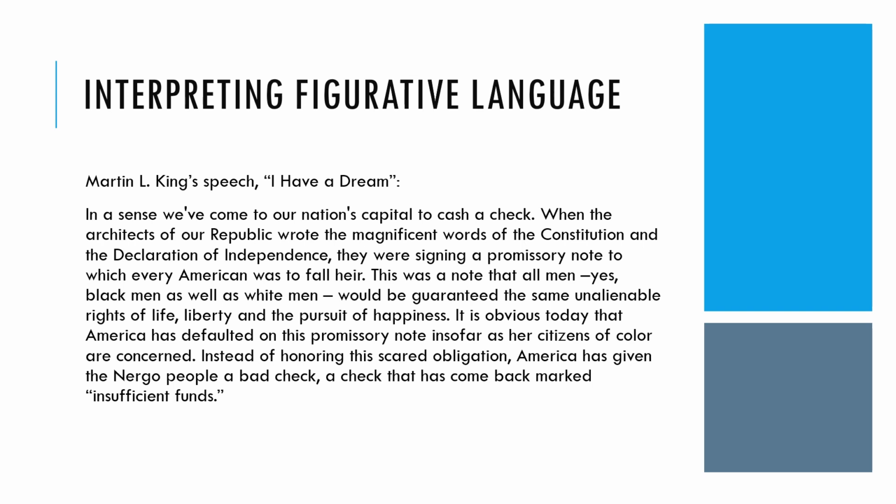It was not kept. And so that's what he means later by yet another metaphor that has come back marked insufficient funds, meaning that there was not enough money in the account for this check that was written to the American people. Again, all within this metaphor that King is using.